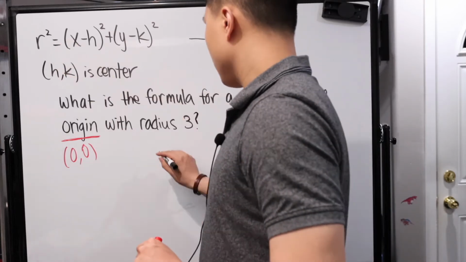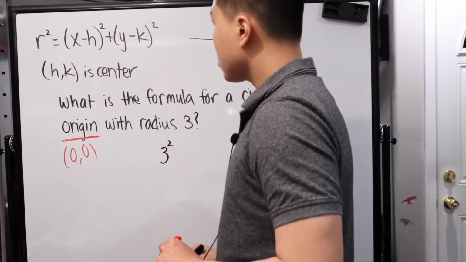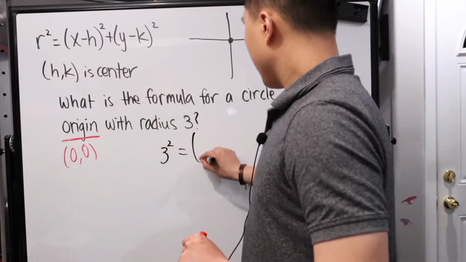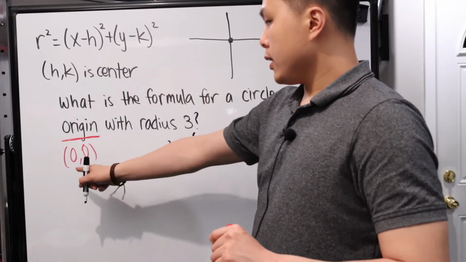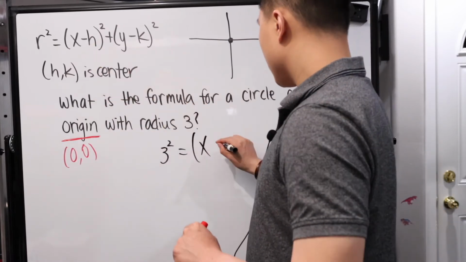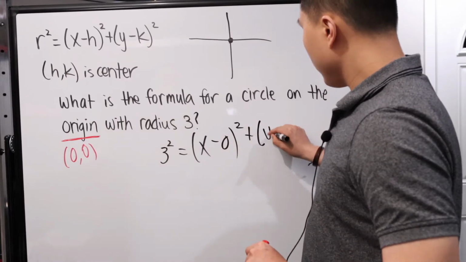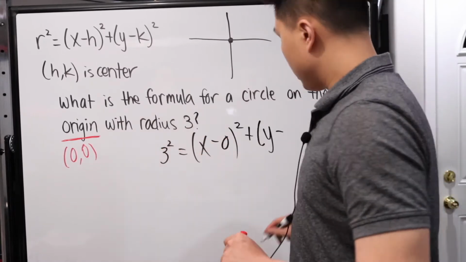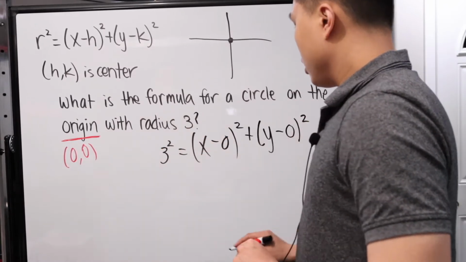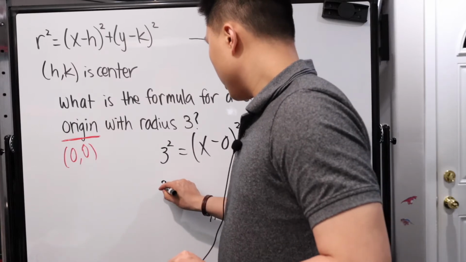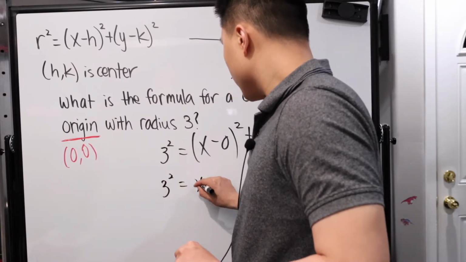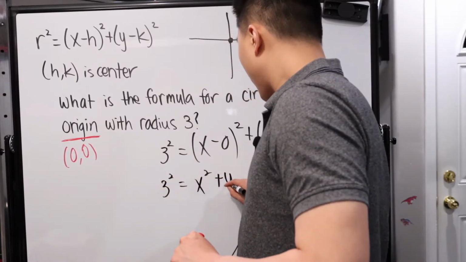Well, radius is going to be 3 squared equals x minus, since it's the origin, h is actually going to be 0 squared plus y minus, once again, 0 squared. So here we have 3 squared equals x squared plus y squared.